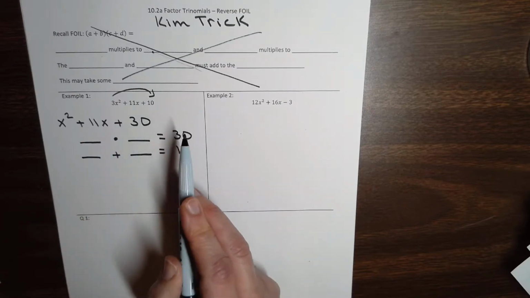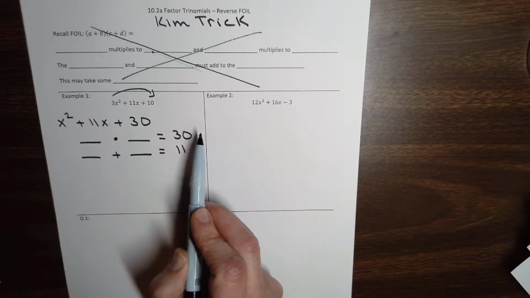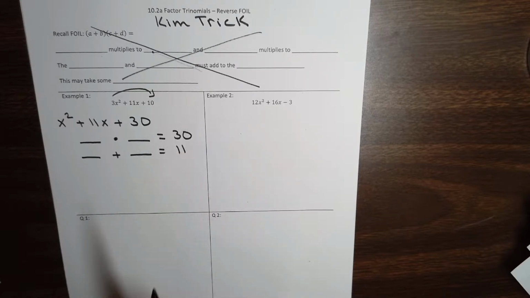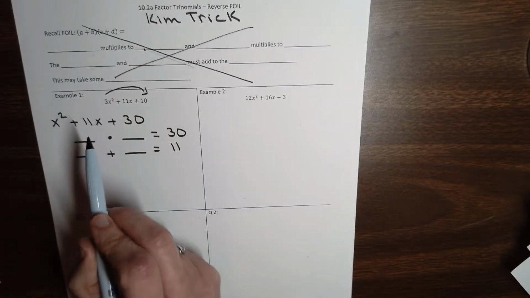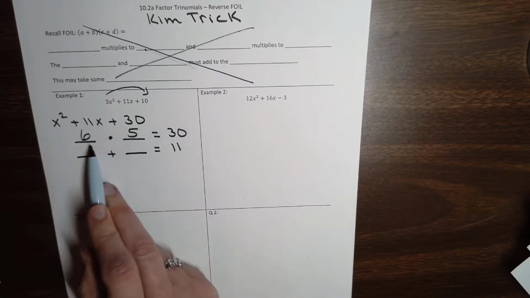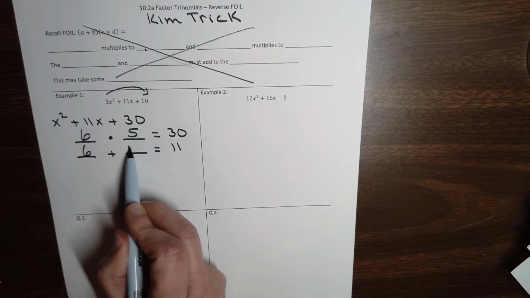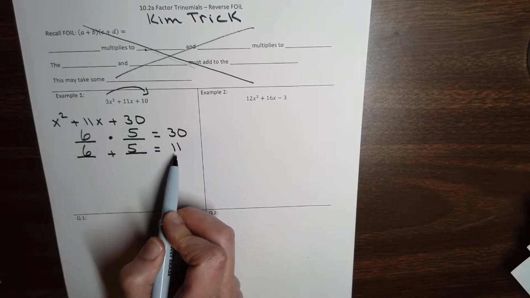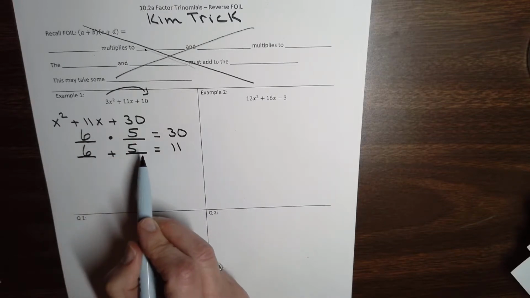Sometimes I like to write the combinations down, the factors for 30, to see which ones would add together to give me 11. In this case, this would give me 6 and 5. 6 times 5 gives me 30, and 6 plus 5 gives me 11. So that's the right combination because it's the same numbers.